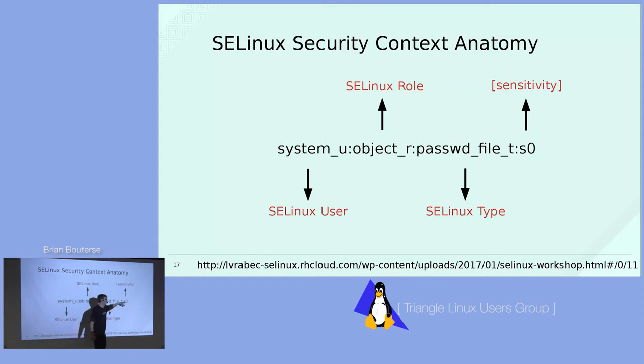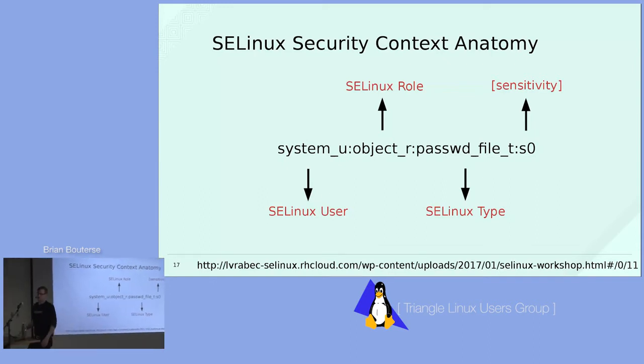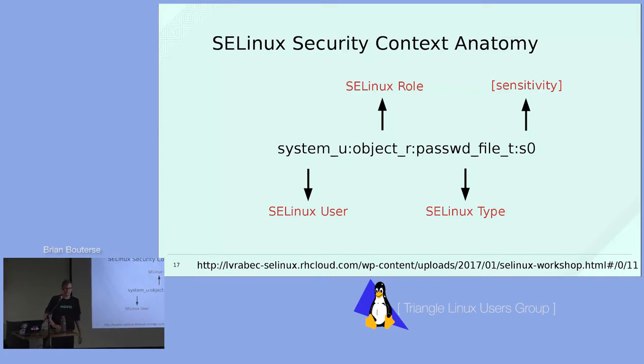There's also the sensitivity level. A lot of times when you read about SELinux, you'll hear about something called the MLS model, multi-level security, which is a pretty awesome way to define rings of security, like unclassified, secret, top secret, compartmentalized, a range security model.